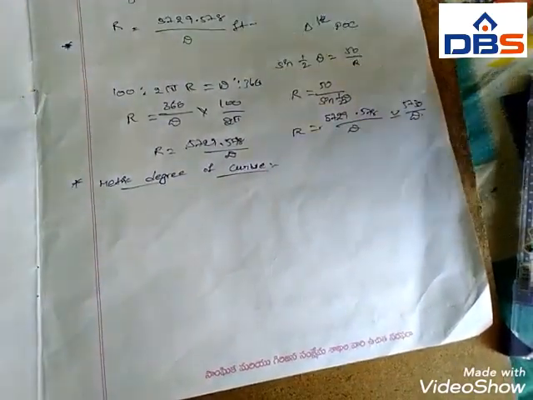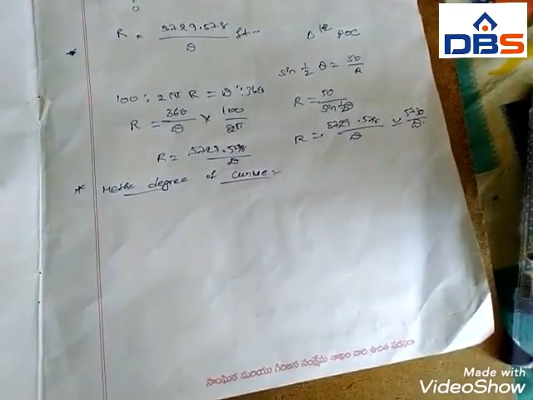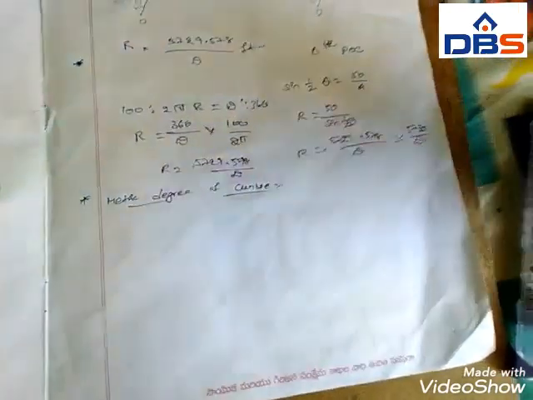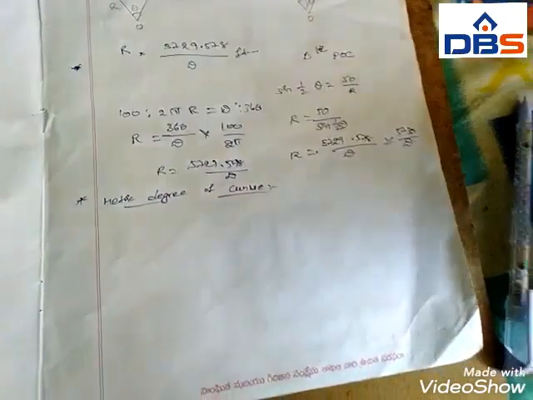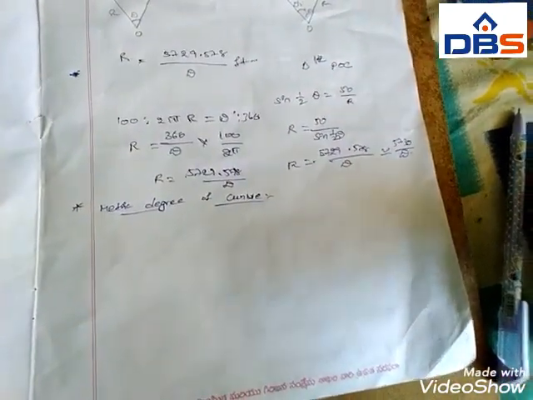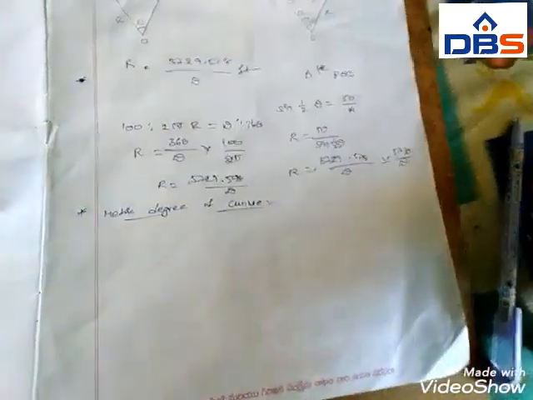For some highway curves we get more than 20 degrees. So to satisfy all the requirements, we take a minimum value of curvature to maintain all the topography equally.